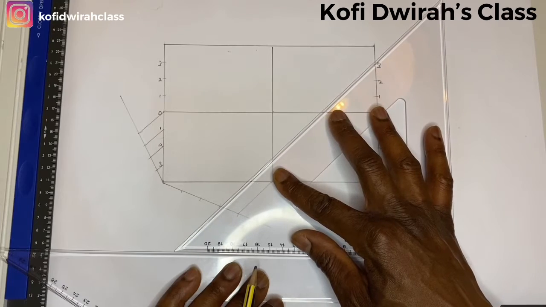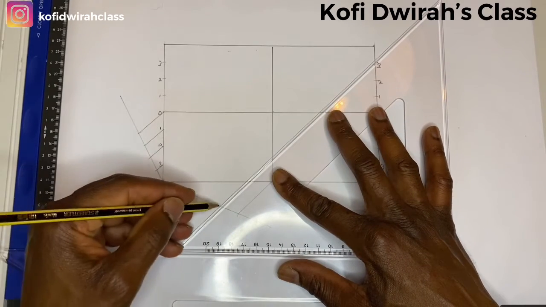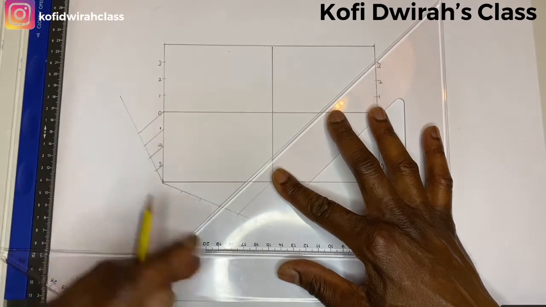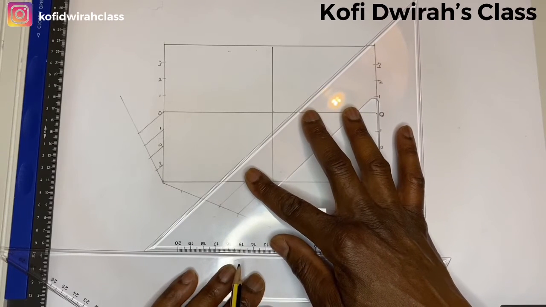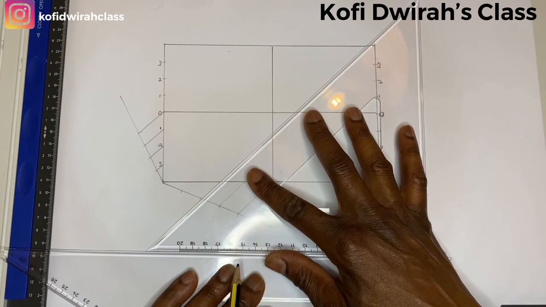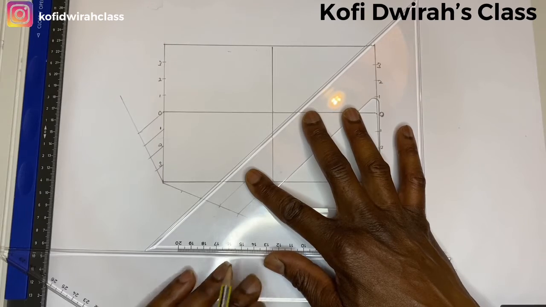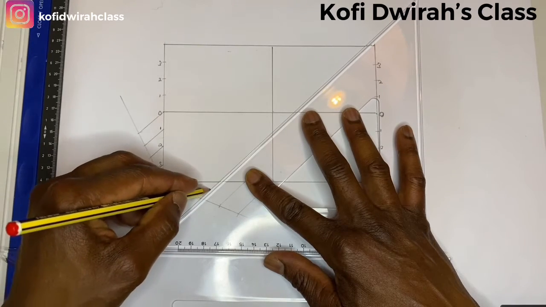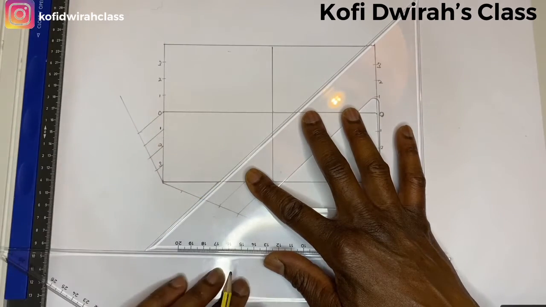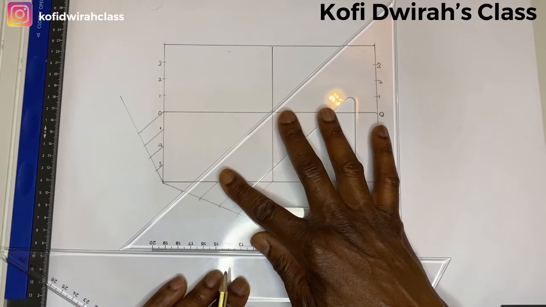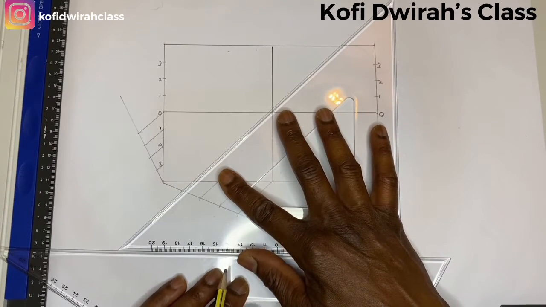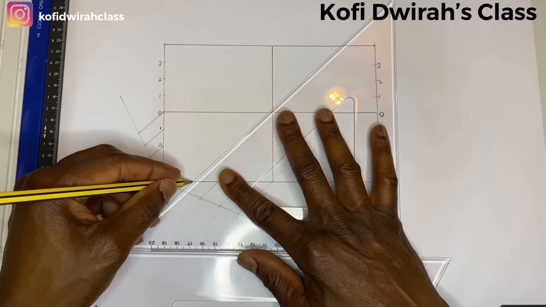Just move the upper one like this. If you don't know how to do it, you can check the first video, and it will help you learn how to divide a line into equal parts. Then to the last one, then good.